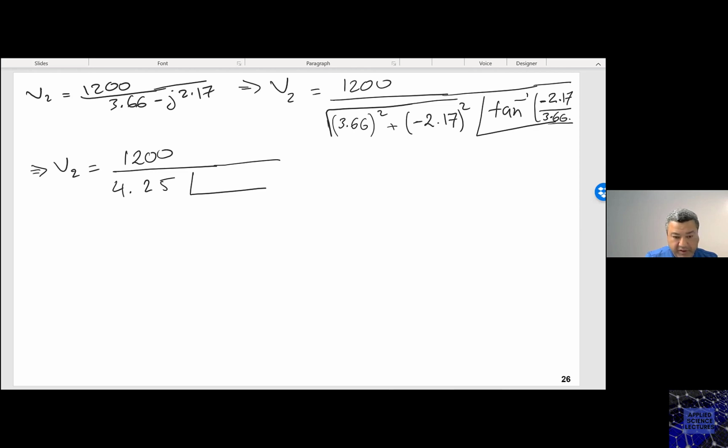So we have minus 30.66 degrees, and V2 now is 1200 divided by 4.25, which is 282.35 with an angle of minus 30.66 degrees.